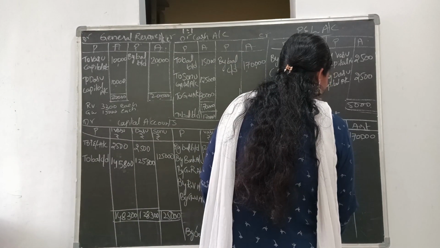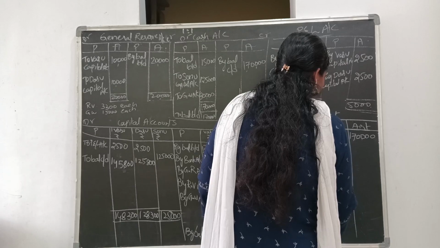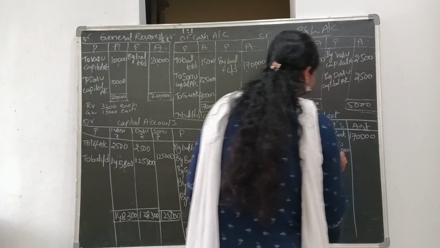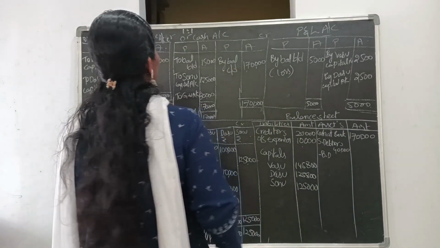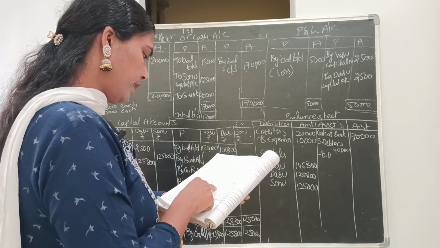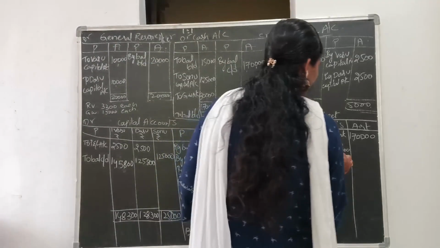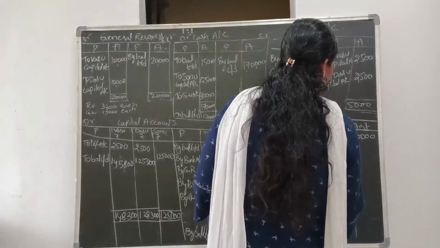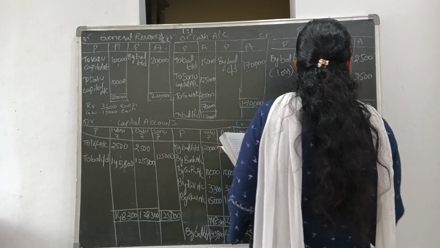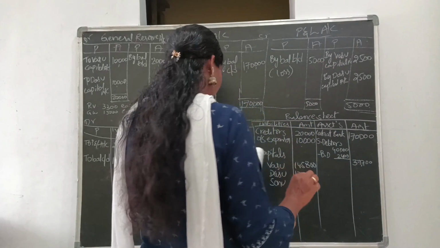So deduct bad debts. What is the bad debts amount? 6% means 2,400. So deduct 2,400. Yes, 37,600.